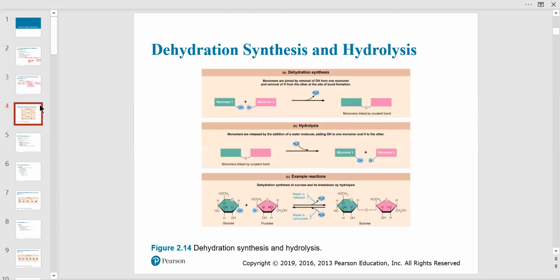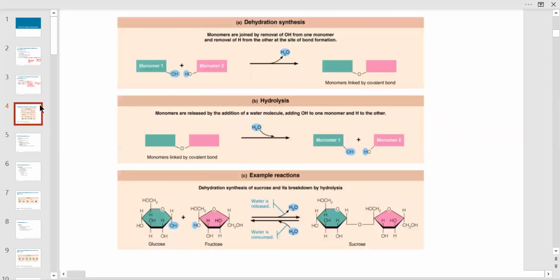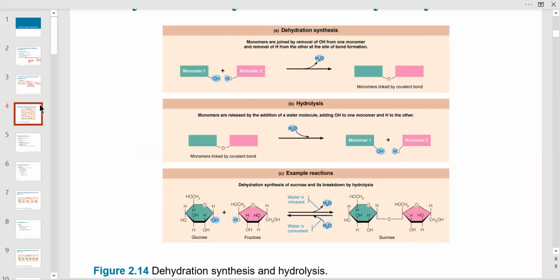So you can see a lot of these pictures. Pearson does a decent job showing you the general dehydration synthesis. So if you add 2 monomers, a water is lost in the reaction. So the OH here, and you don't have to know the chemistry of this really, you just have to know about the dehydration part. And you build up a polymer. This is only 2, so if this was 2 monosaccharides, this would be a disaccharide. This is one molecule.